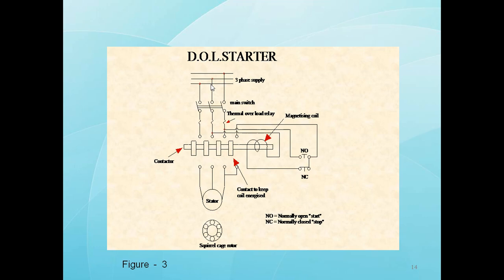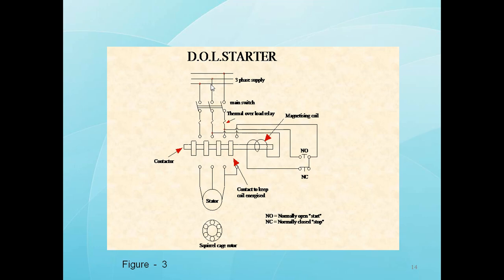So when connected to the supply, what happened? The motor continues to get the supply even when the off button is open. Why? Because the contactor coil is closed and gets supply through the hold on contact.